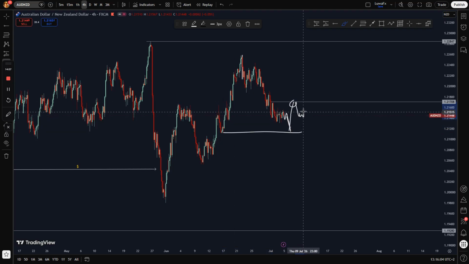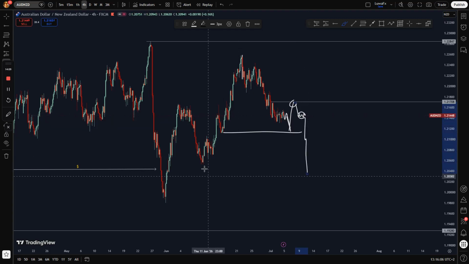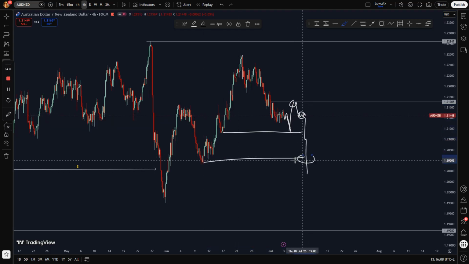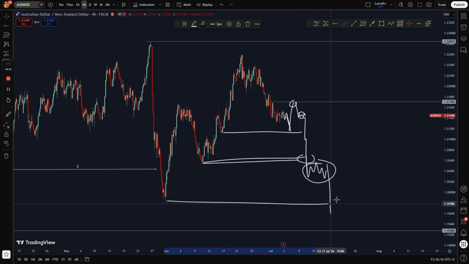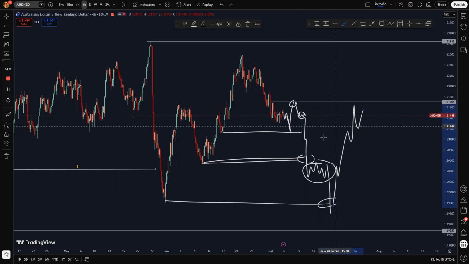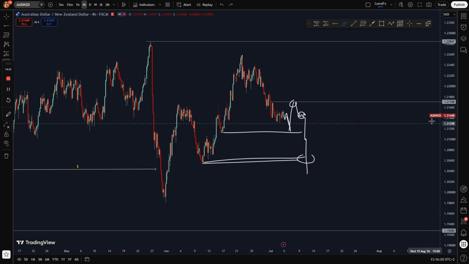If I can get something like this, then I would sell this way into areas like this just for management purposes. If it then gives another continuation underneath this, it would be a much riskier side, because it can just take this area and start to go long again, right?